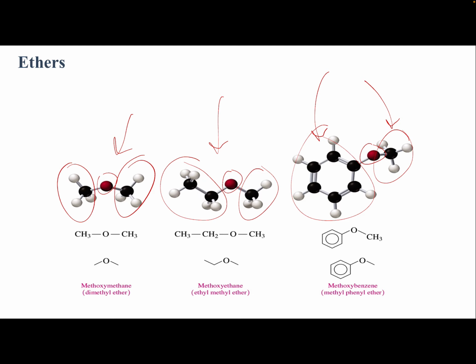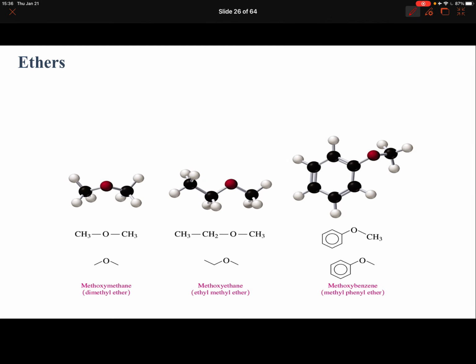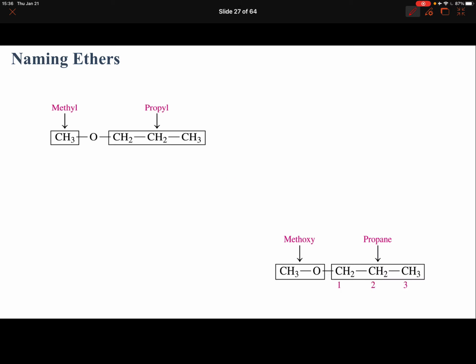If we were naming these according to their IUPAC names, that's a little different. You can see the names here: methoxymethane, methoxyethane, methoxybenzene. So let me explain how that works. Most ethers have common names, but the IUPAC system works by naming something with an alkoxy group.